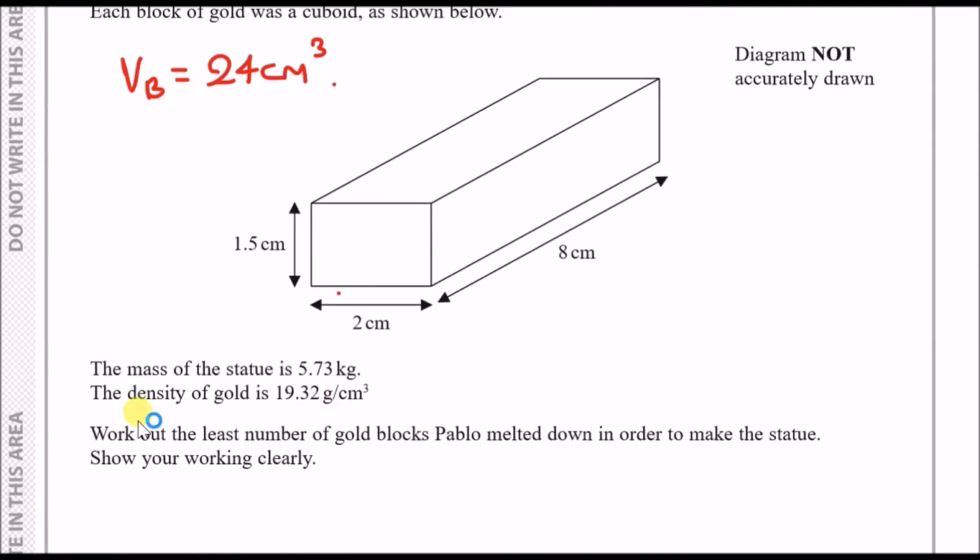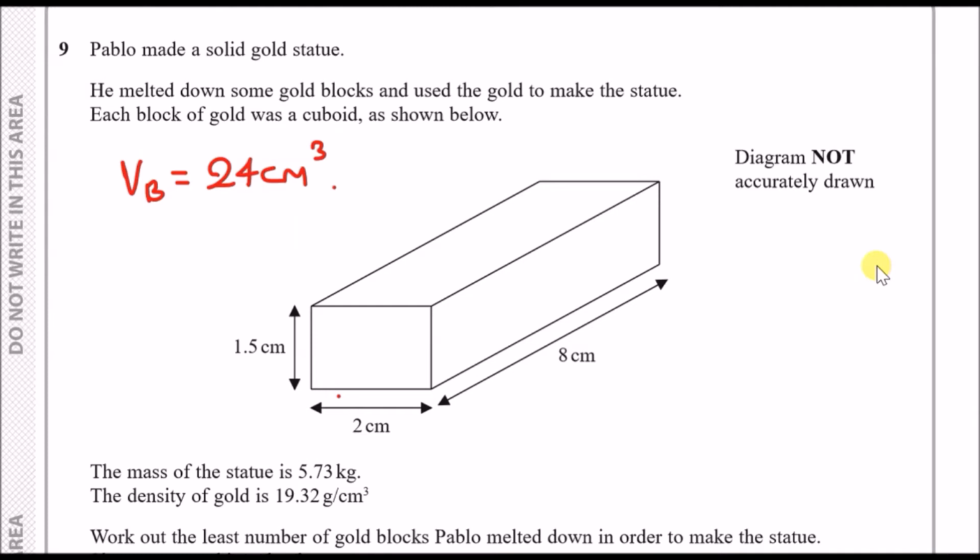Now, they tell us that the density of gold is 19.32. So essentially, we can try and work out the mass of gold. Now, the density formula is something like density equals mass by volume. Because we're interested in finding the mass of the block, we can multiply the volume across. So essentially, volume times density would equal the mass.